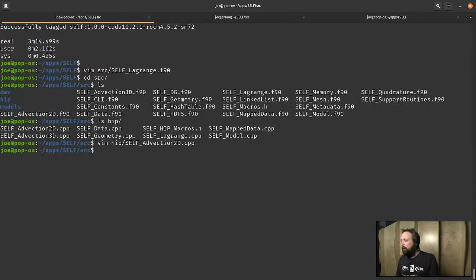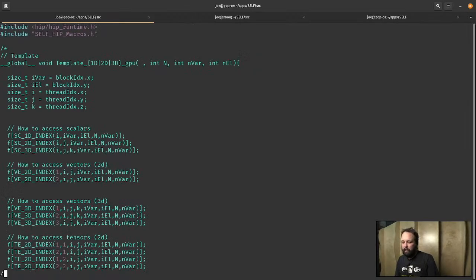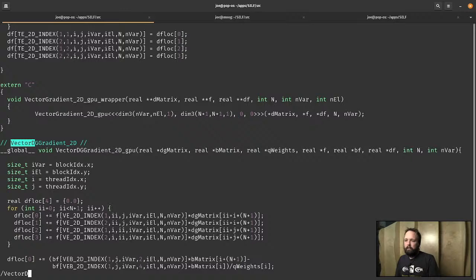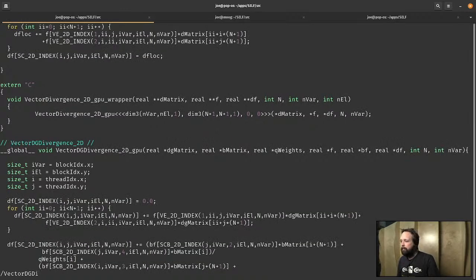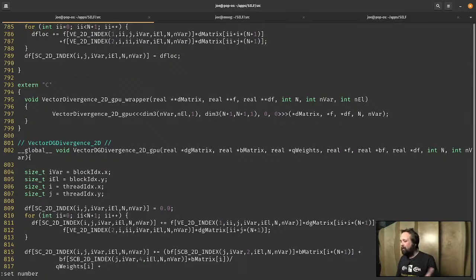I'm going to borrow from self-Lagrange, since that's where I borrowed the CPU routine from. So we need to go find a routine that's similar enough. I want vector DG divergence 2D. Let's copy this over, modify it for our particular use, and go from there. We're going to basically code the same thing that we just did.